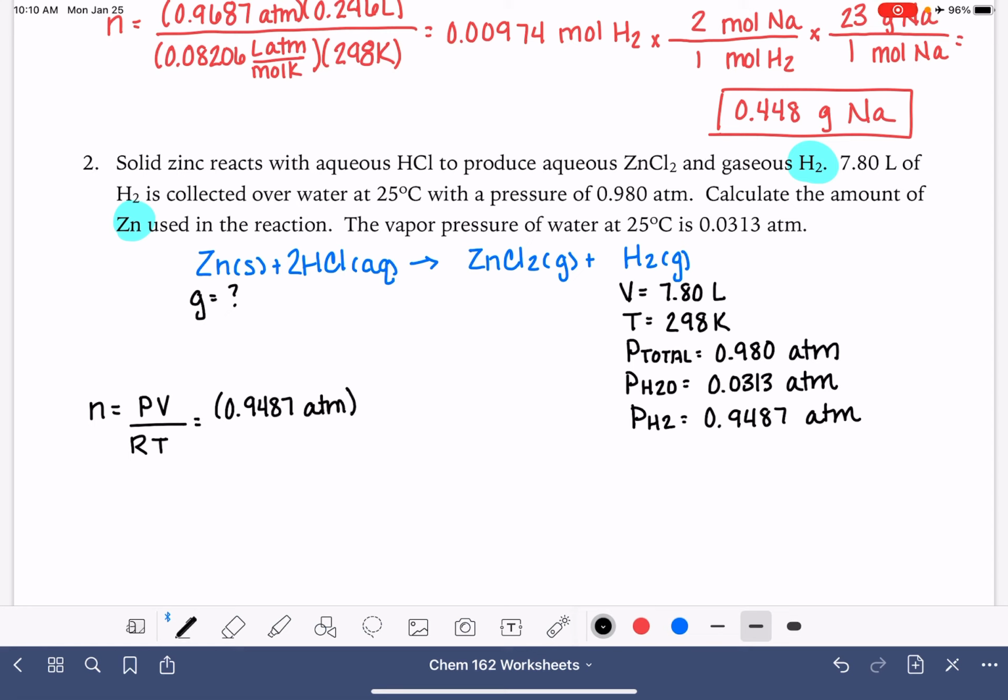Again, we're just taking the data for the hydrogen gas. The volume is 7.80 liters.